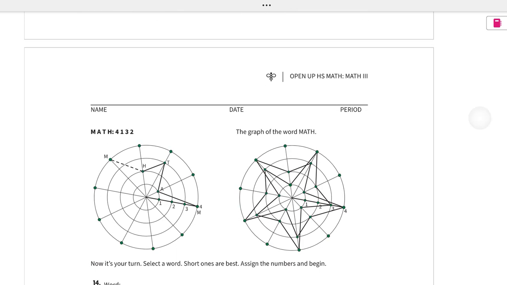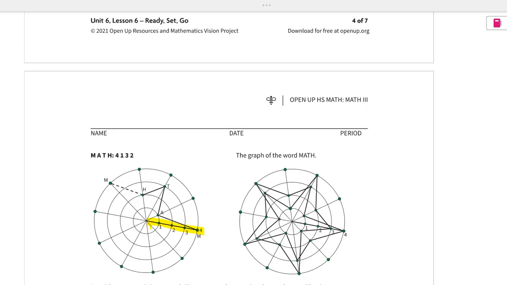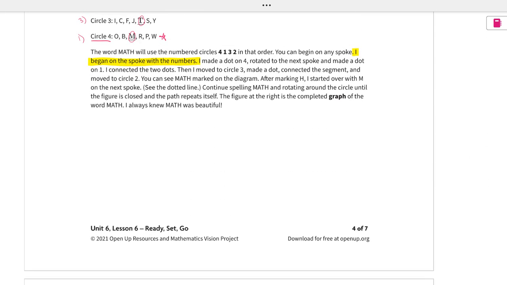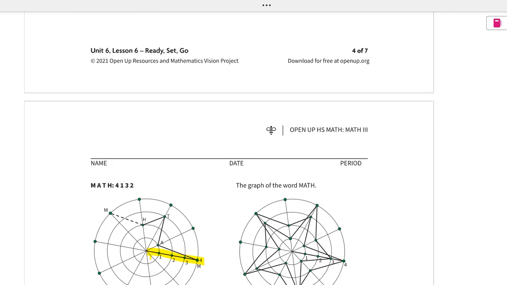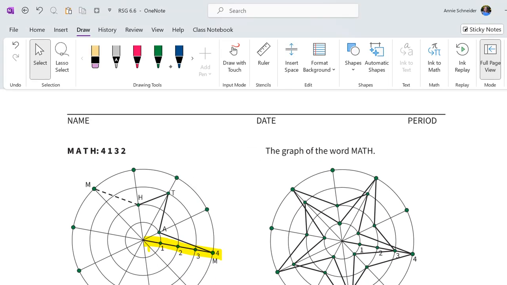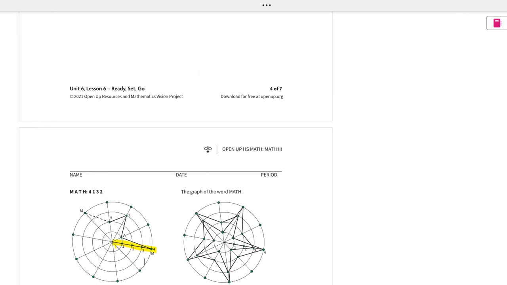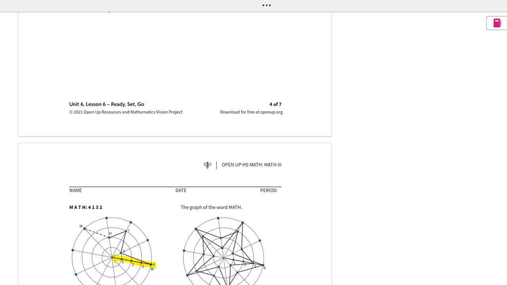Okay, so let's look. Like it said, we see a little dotted line there. It says I began on the spoke with the numbers, right? I highlighted that above. So it looks like this one begins right at 4 there. And remember our order, I'll rewrite our order here: 4, 1, 3, 2.